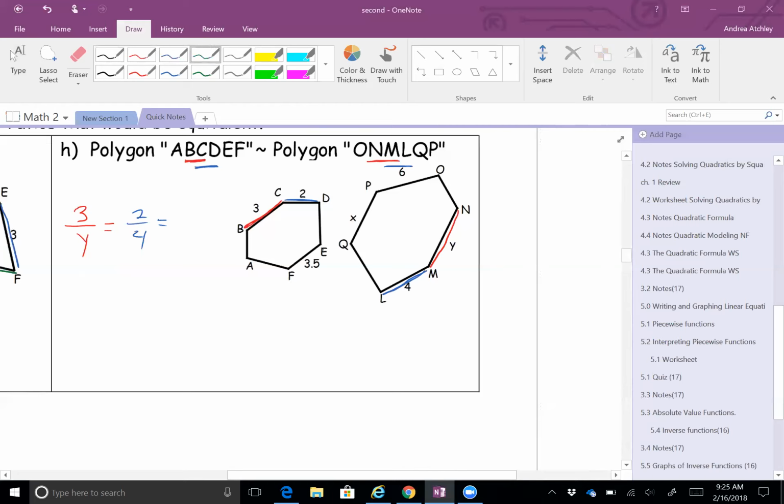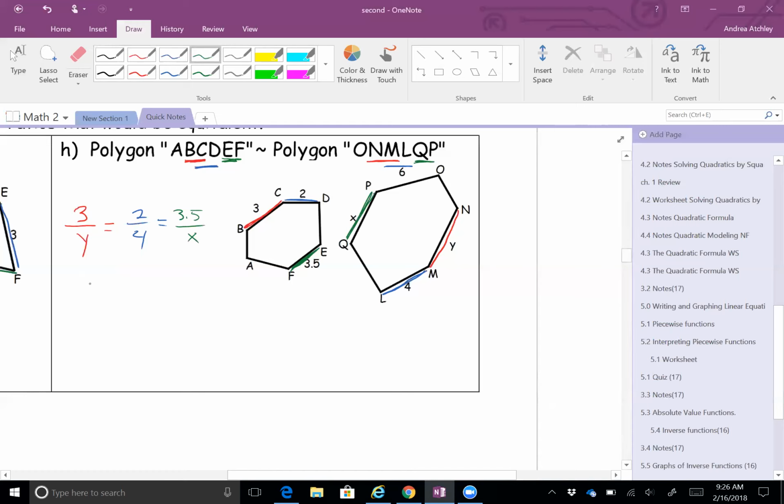Then the next one is E and F. EF are the last two. So E and F should go with Q and P. So it'd be 3.5 over X. Any questions over that?